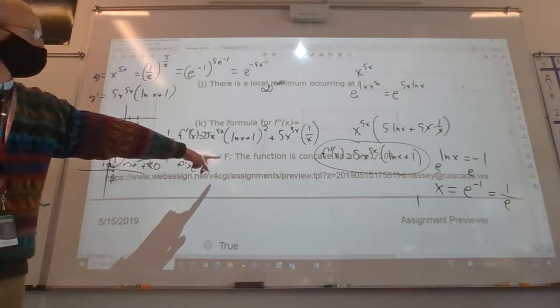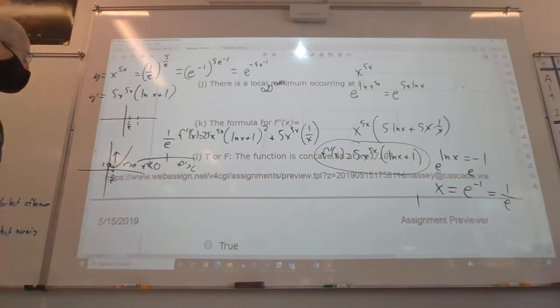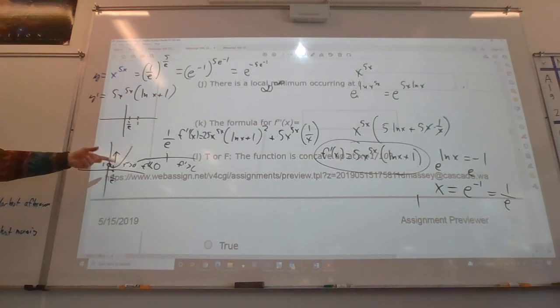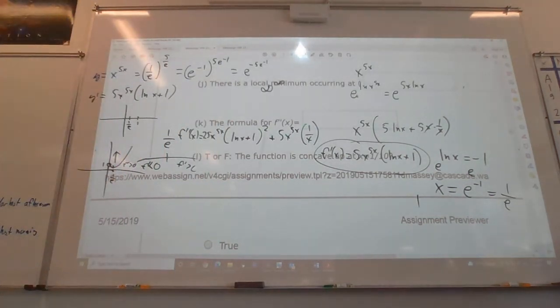Okay, true or false? The function is concave up at 1/10. As far as I know, it's always concave up, right? From here it goes down, it goes up. There's no other inflection points. Always concave up. So yes, that's true, because anywhere it's concave up. Craziness.